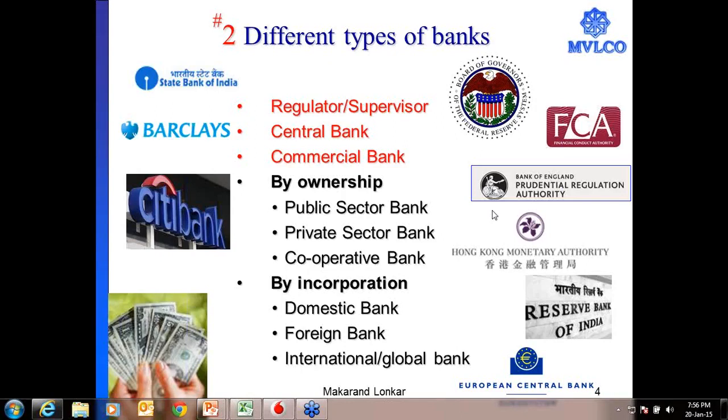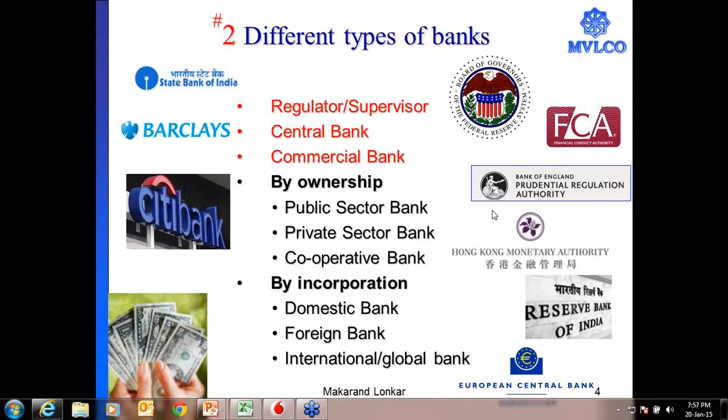A foreign bank is a bank which does not have a global presence, maybe a small bank having a couple of branches across the world. But an international bank, for example Barclays or Citi or American Express or HSBC, is present across the globe. So I'll repeat, from a regulation perspective, we do not differentiate between foreign and international. We'll have only two categories, domestic and foreign.